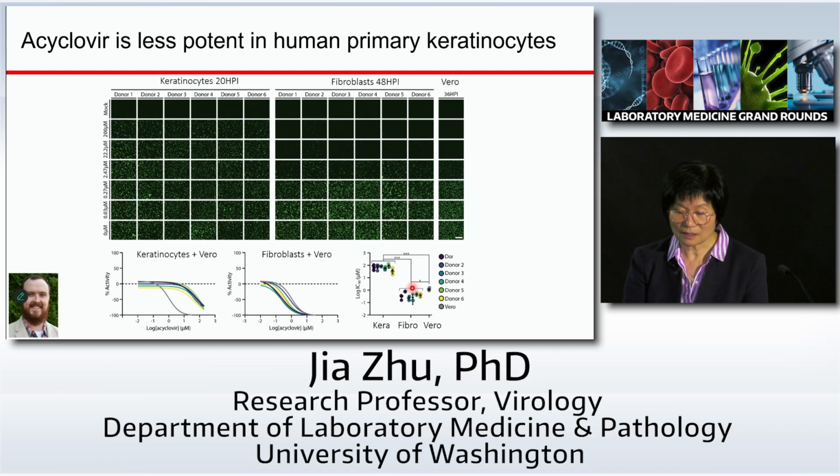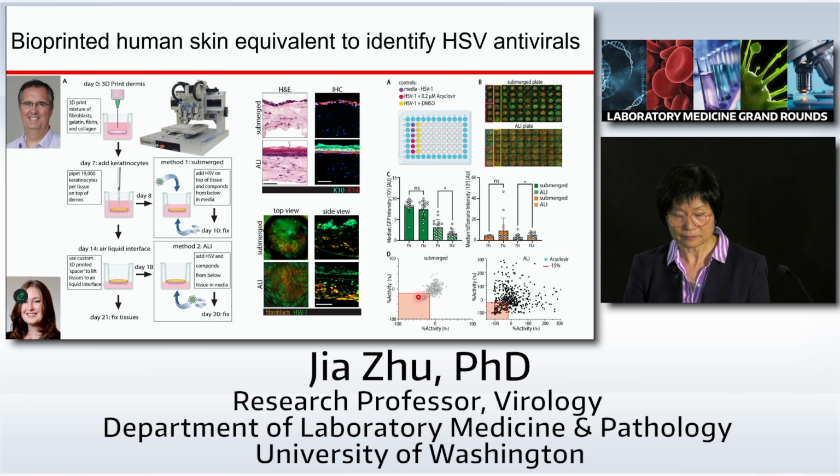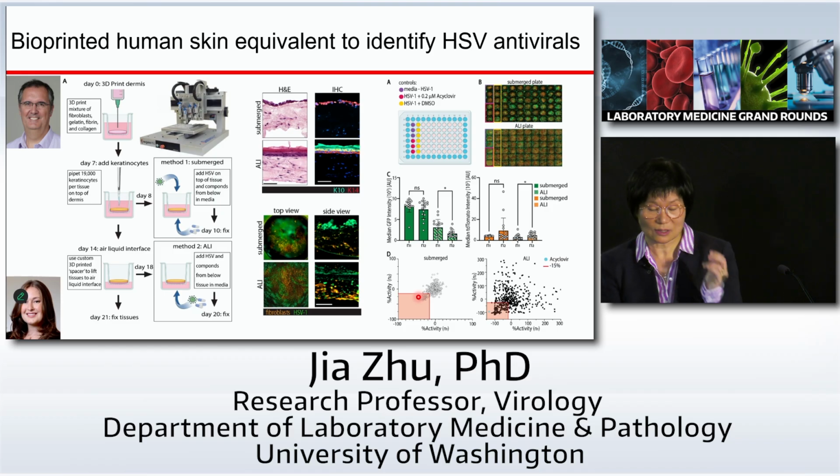The IC50 for keratinocytes is about 200-fold higher than what is needed for fibroblast cells, and 60-fold higher compared to the Vero cells. So that really tells us that we need a physiologically relevant system for antiviral drug screening.